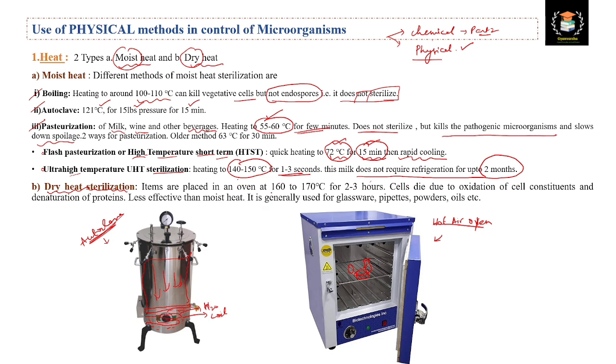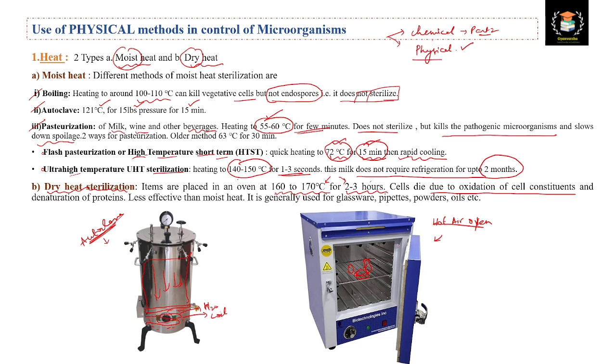Items are placed in an oven, and the temperature goes to around 160 to 170 degrees Celsius for about 2 to 3 hours. Here the cells die due to oxidation of cell constituents. Because you are exposing it to continuous high temperature for such a long time, there is oxidation of the cell constituents, and also because of such high temperature the proteins get denatured.